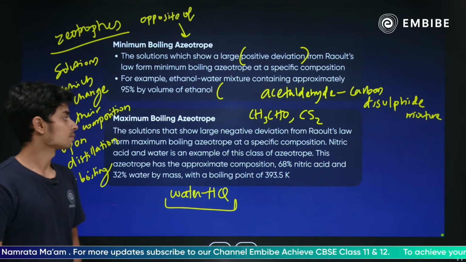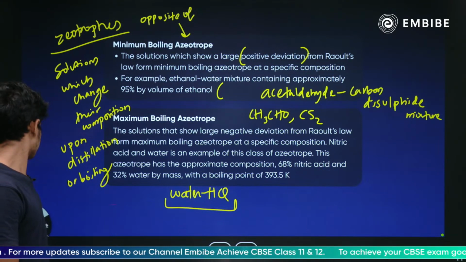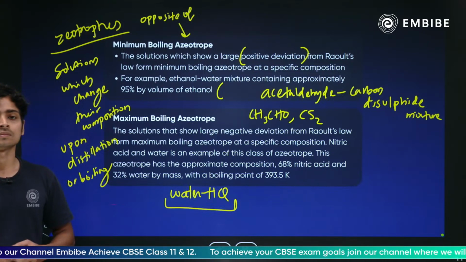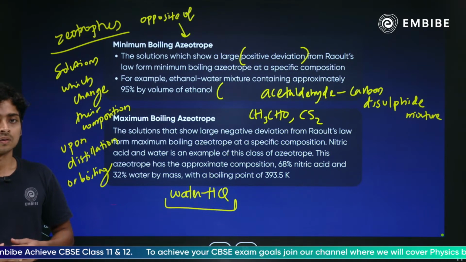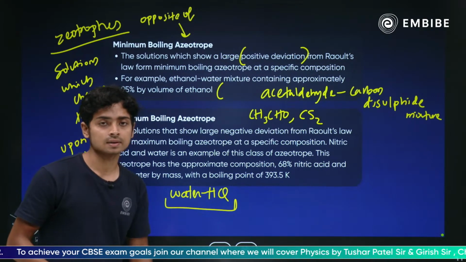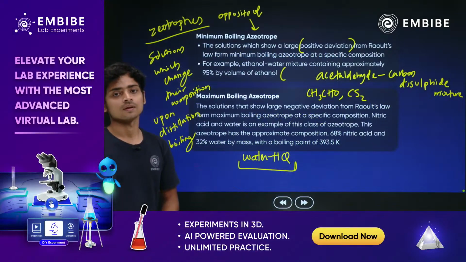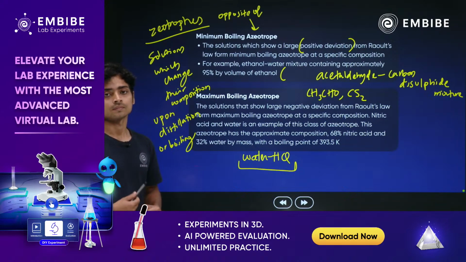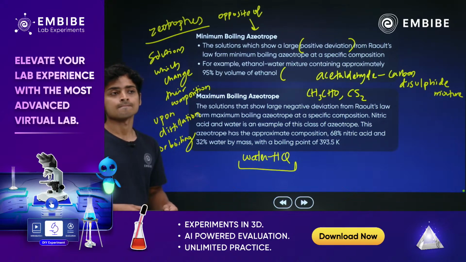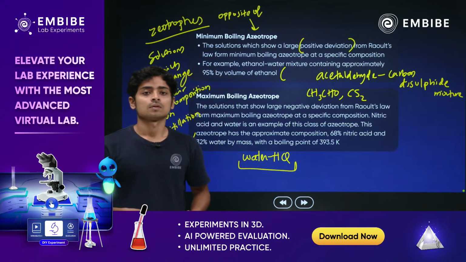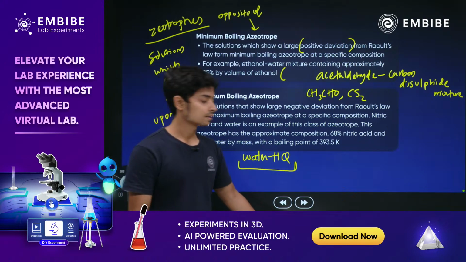So we'll move forward. If it is clear, I'll move forward. You can tell in the chat if it is clear. Did you get what is a zeotrope and its relation to azeotrope? If it is clear, I'll move forward. Next slide. Okay, so we'll continue.